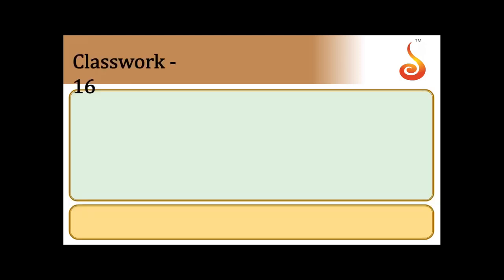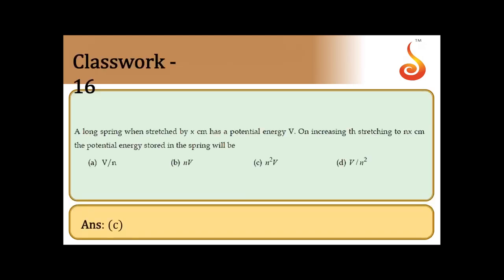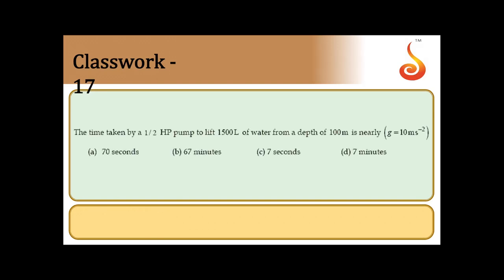Yes, we shall move on to next one. The time taken by half HP pump to lift 1500 liter of water from a depth of 100 meter is nearly. So how much time it will take for a half HP motor to lift 1500 liter of water from a depth of 100 meter well.